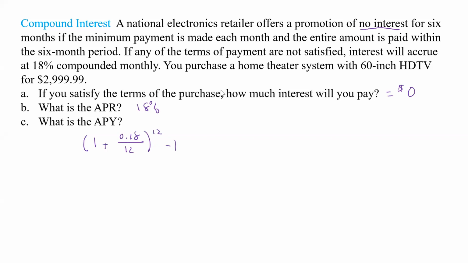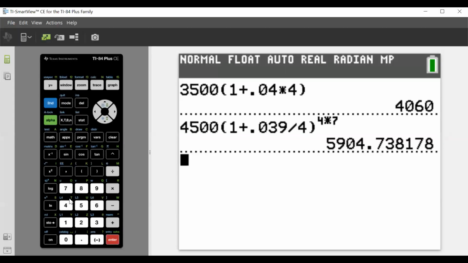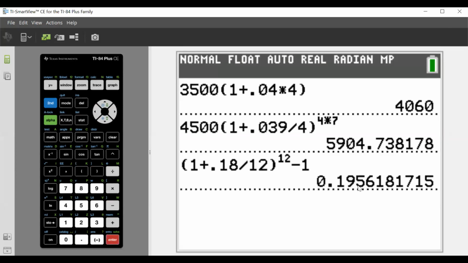Okay, so now we plug that into our calculator. And so we had 1 plus 0.18 divided by 12 raised to the power 12. Now you have to remember to put that arrow back down, otherwise you're going to have the wrong number there, minus 1. And so we get 19.56 or 19.6% roughly.